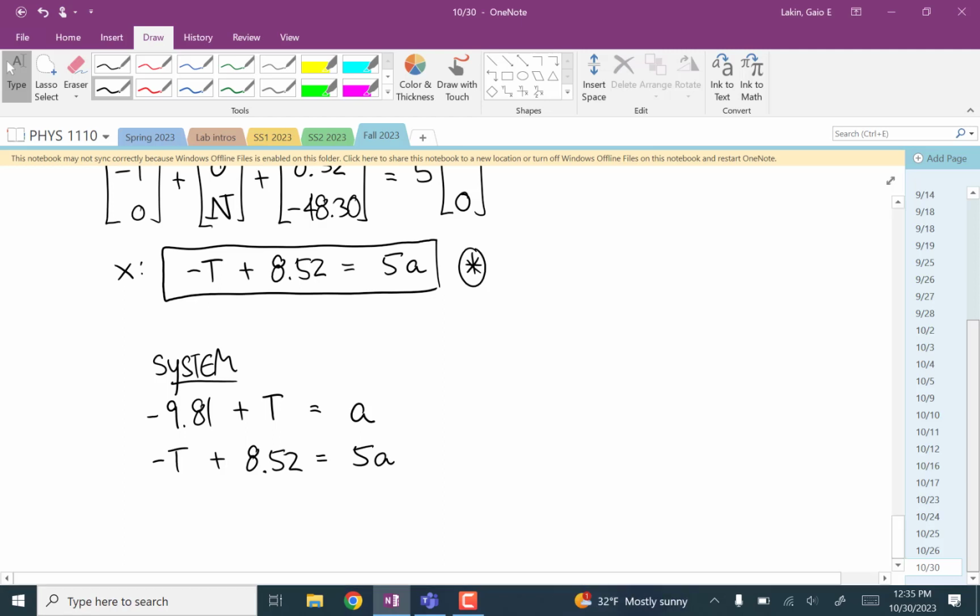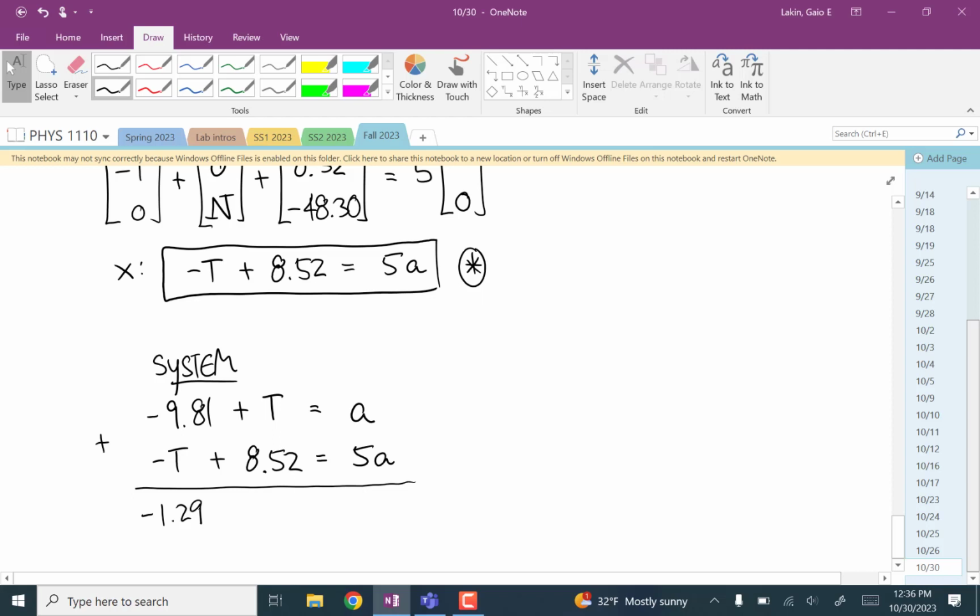You can always solve that by substitution. In this case, you can add. It's a little quicker to just add the two equations. If that doesn't make sense to you, if you don't remember doing that stuff, forget about it. But if we add, negative 9.81 plus 8.52, you get negative 1.29.